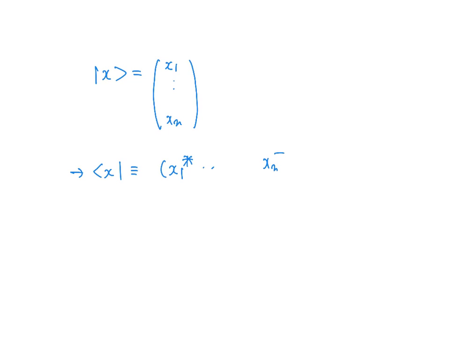So from this, when we have a ket vector, the ket vector is just a notation for the column vector, n by 1 vector. Then we define the bra vector, with the complex conjugate. It is called the bra vector.